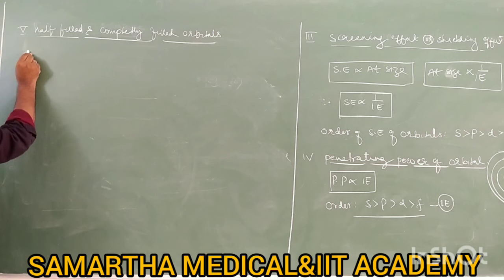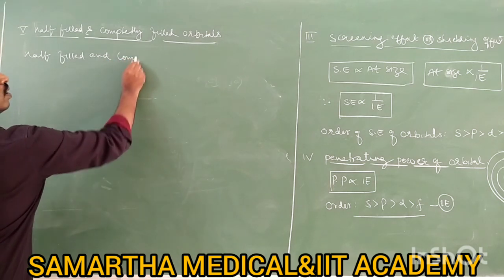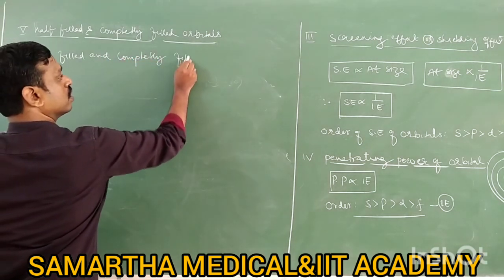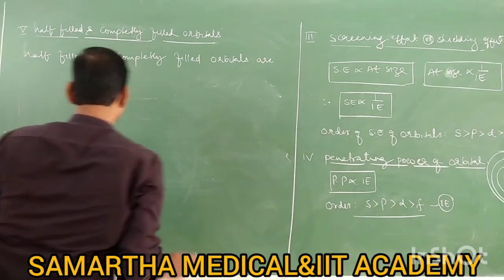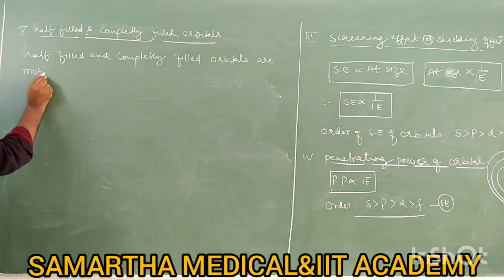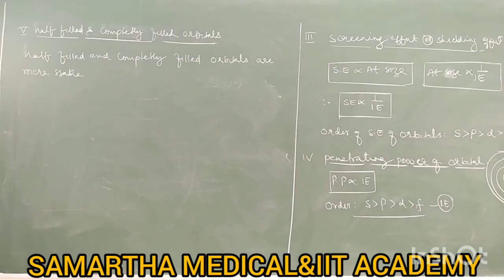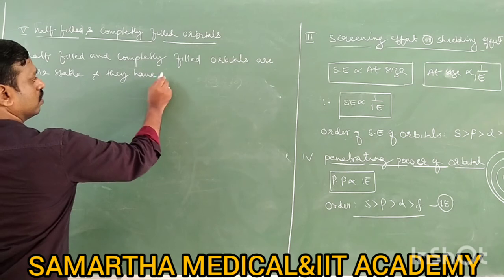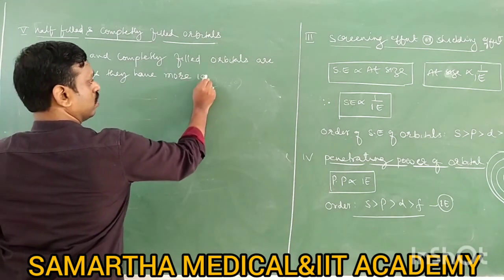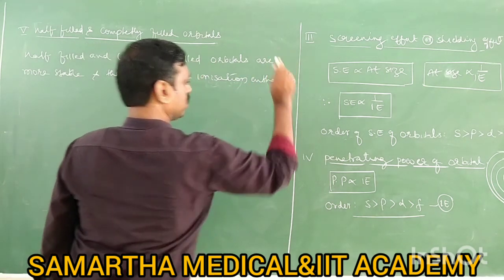So, take down: half filled and completely filled orbitals are more stable and they have more ionization enthalpies.